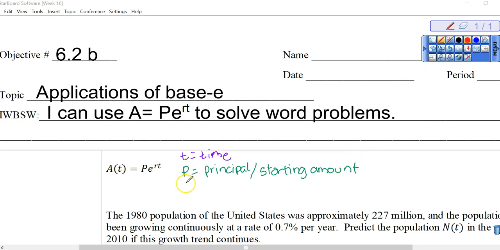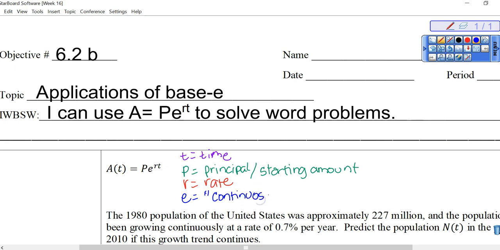Then we'll go to R, which you know is your rate. We've discussed this, and I'm using red for a rate. Okay, make sure you put it in decimal form. And then, E: what you're looking for so that you know that you're using this particular formula is the word continuous.